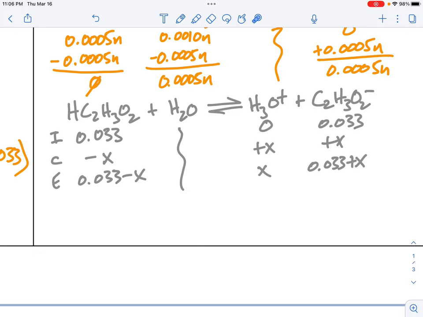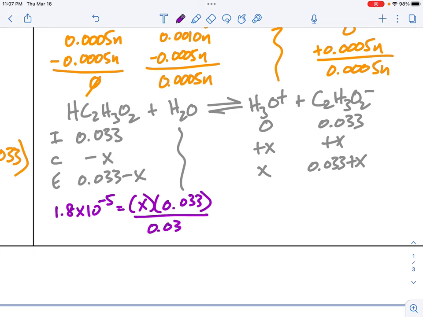So our concentration of the weak acid and the conjugate base, they don't change very much. So I'm going to have my 1.8 times 10 to the minus 5, which is my Ka. On the product side, I've got x, and I've got 0.033, again ignoring the change in x. On the reactant side, 0.033 as well. So you can tell that our 0.033s cancel each other out.